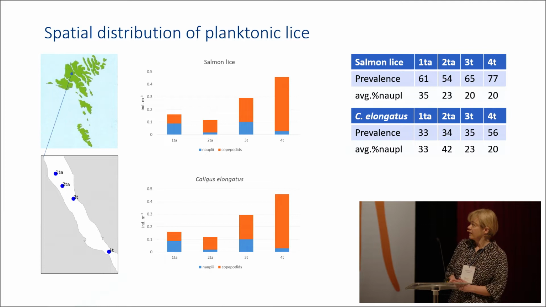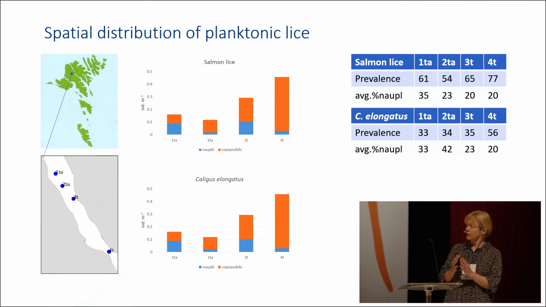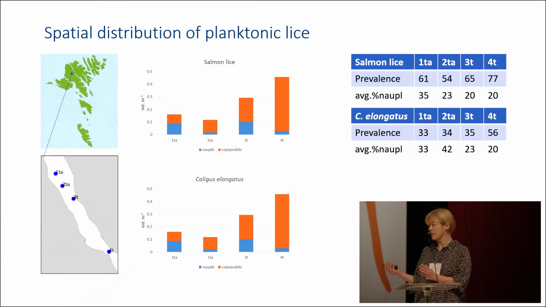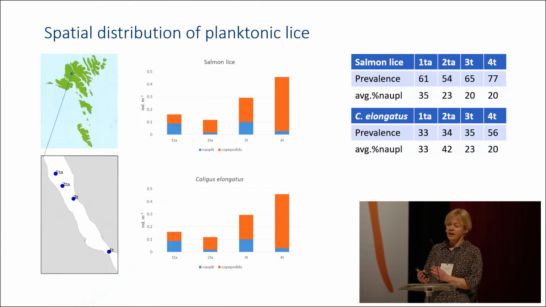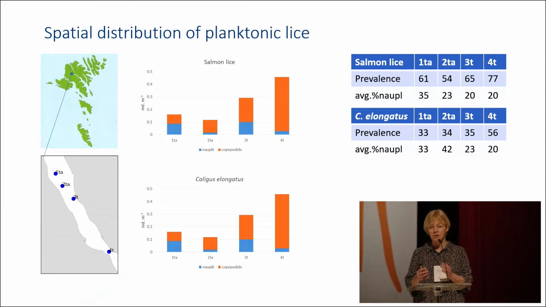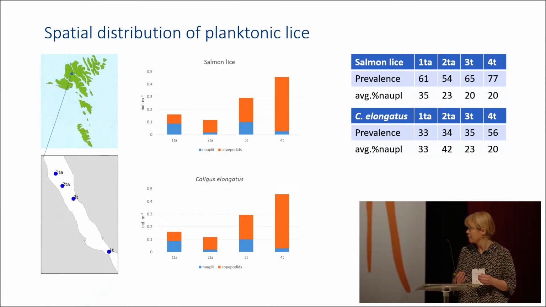If we then look at the spatial distribution of the planktonic stages, it's actually not close to the fish farm where we find most lice, but at the station which is farthest away. And this is contrary to most studies where the stages are dominated by nauplii, because most often nauplii are really close to the fish farm and then they disperse away.